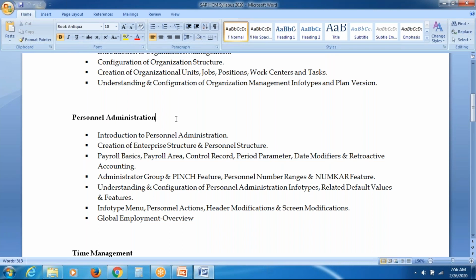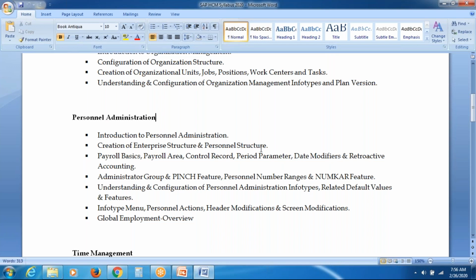In SAP HR also, we have a submodule called personal administration. In this submodule, we discuss an introduction to personal administration, then creation of enterprise structure and personal structure, and then configuration of the payroll basics like payroll area, control record, period parameter, date modifiers, and retroactive accounting.